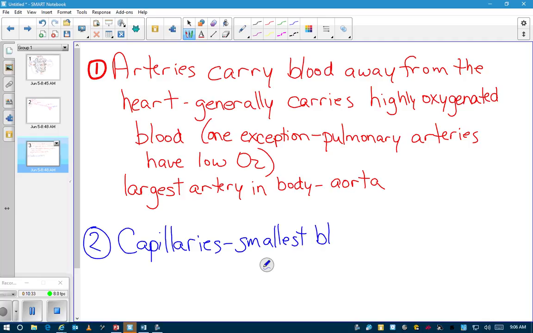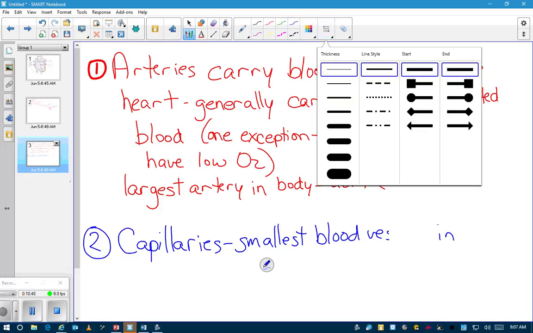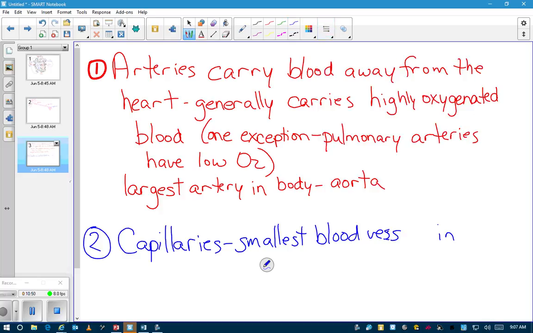Yeah, so smallest blood vessels in your body. What am I spelling here? Am I spelling vessels right, you guys? It looks weird. Smallest blood vessels in your body. Okay.